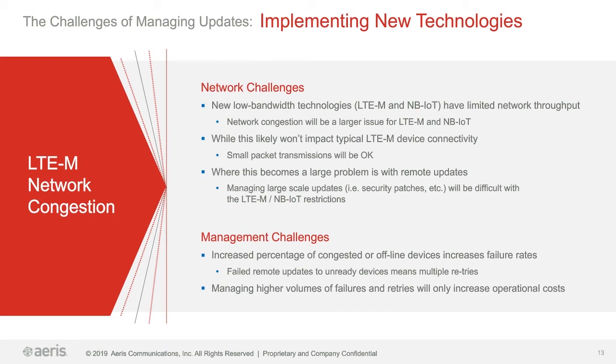And so, the way to look at it is not that devices are going to have a hard time getting information out to towers because of the relatively low usage and low packet size nature of these devices and sensors. They should have no problem sending information out. The problem becomes when you have to send information down to the devices in the form of a remote update in this context.